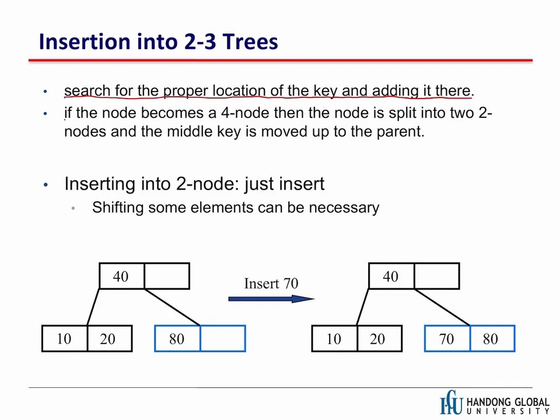If the node becomes a 4 node temporarily, we don't have 4 nodes in 2-3 trees. 2 nodes or 3 nodes are allowed, but 4 node is not. But temporarily, we can say we have a 4 node. Then the node is split into two nodes, and the middle key should move up to the parent. So we cannot have a 4 node.